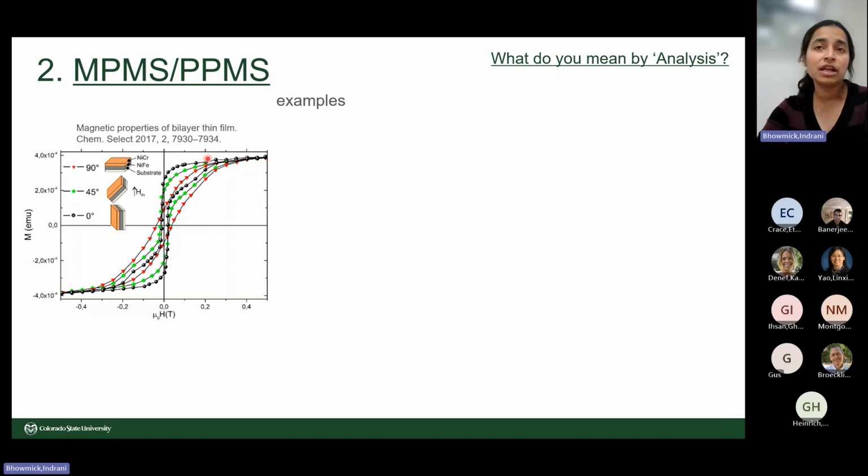Now this can have an application where you want to put this film as a sensor somewhere. What angle will be better? Or how much coverage you are having. This type of information can be obtained by this angular movement of the sample here.